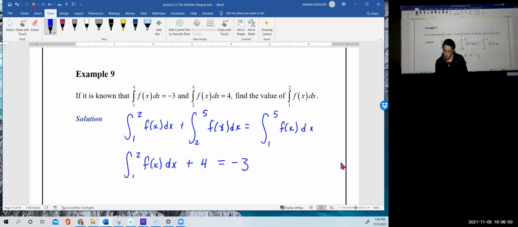If I subtract 4 from both sides of the equation, this tells me that the integral from 1 to 2 of f of x dx has to be equal to, well, I suppose it's got to be -7. In order for the value from 1 to 5 to be -3, and from 2 to 5 to be 4, then from 1 to 2, it's got to be -7.